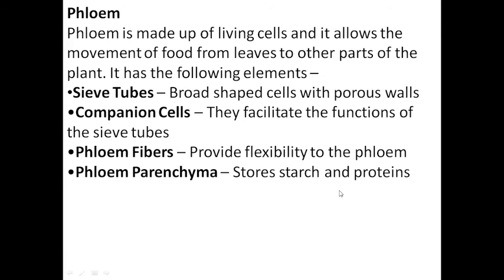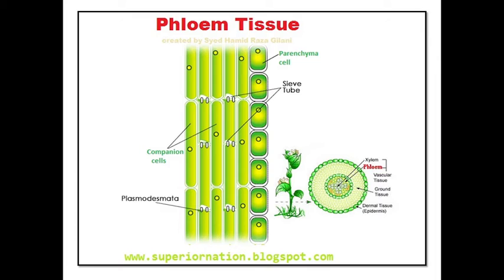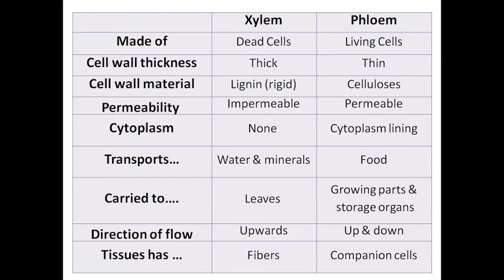So that is the structure of the phloem. You can see here the diagram of the phloem: the parenchyma cells, the sieve tubes, the companion cells. So that is about the xylem and phloem.